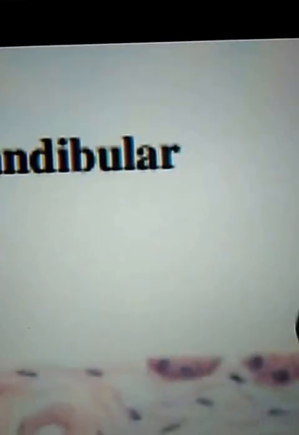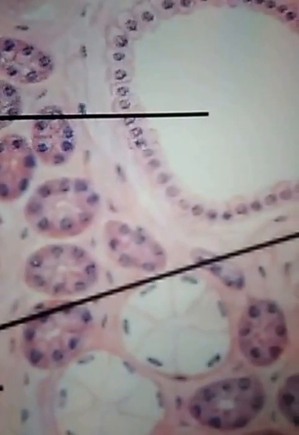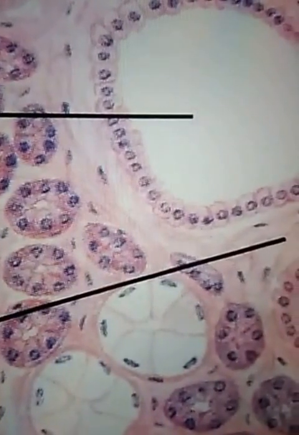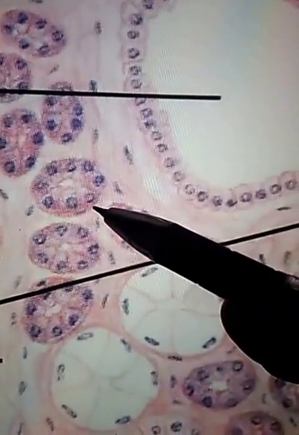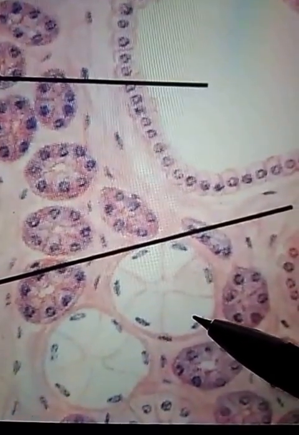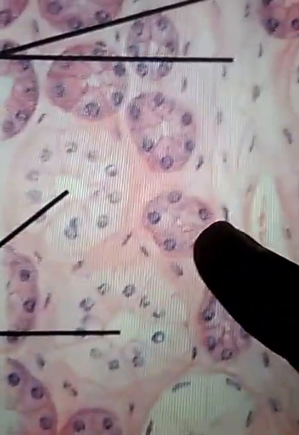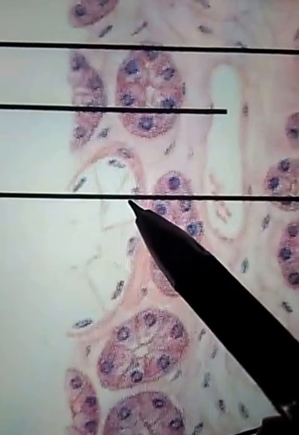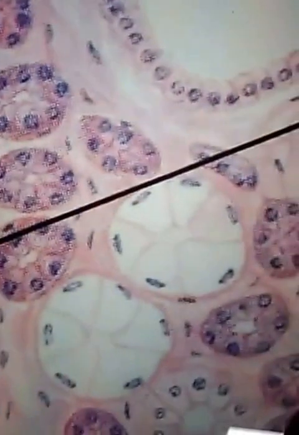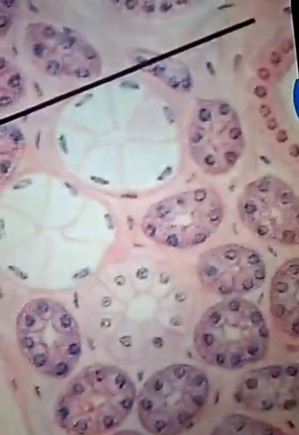But as you can see in this, there are serous acini as well as mucous acini, and also some serous demilunes, just like in this image.